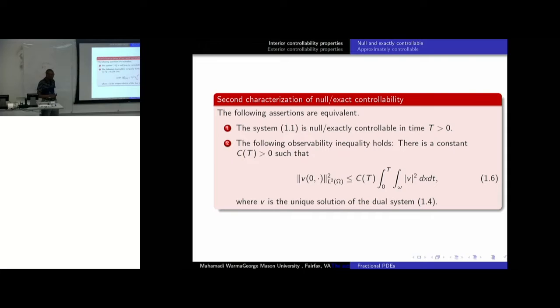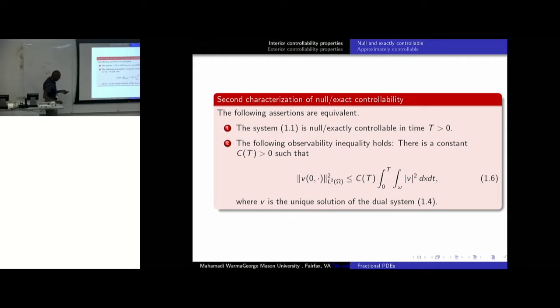That's what we call the observability inequality, which means if that one is true, from here I have all the information on my whole system. That is very difficult to prove, even in the classical case, s equal to 1.